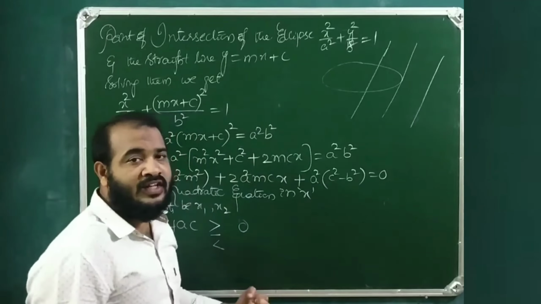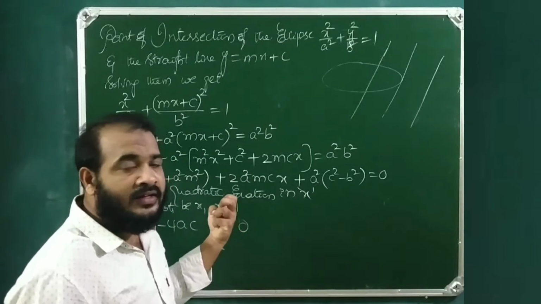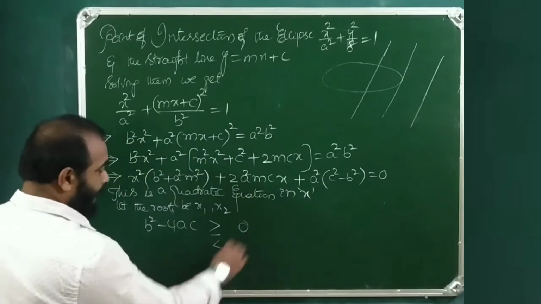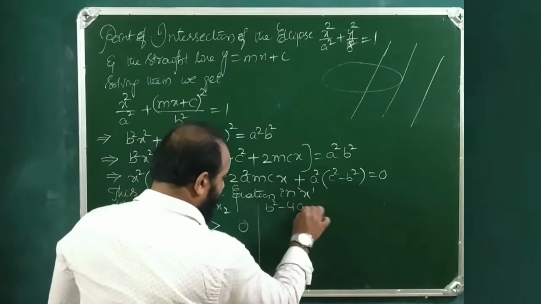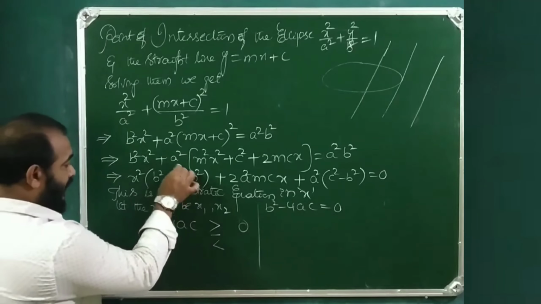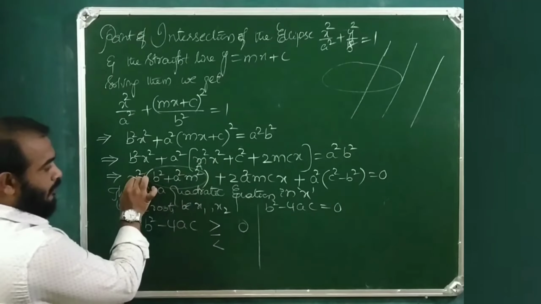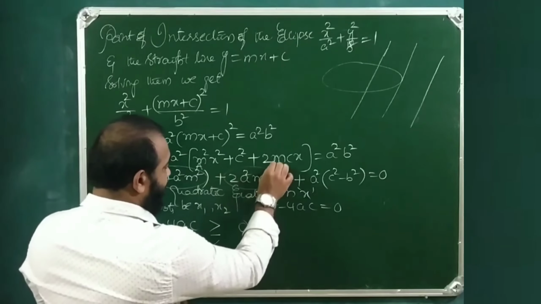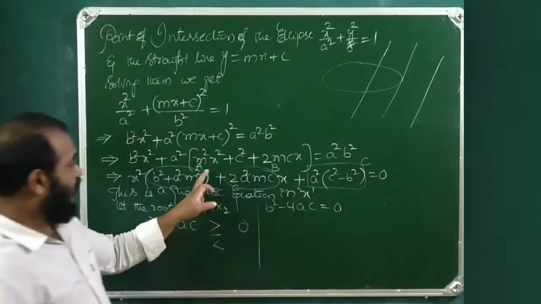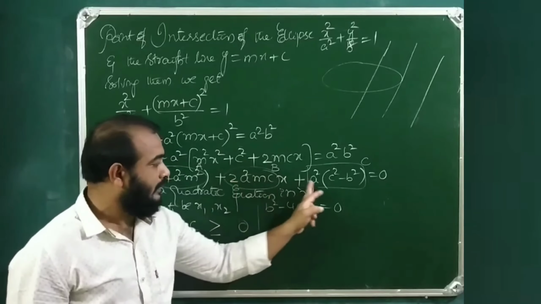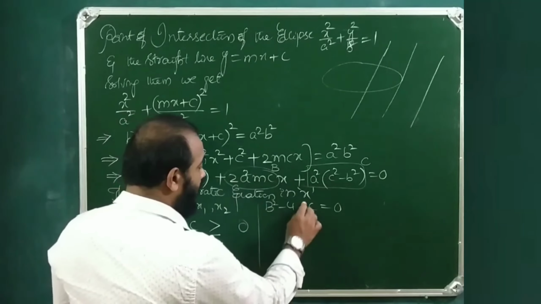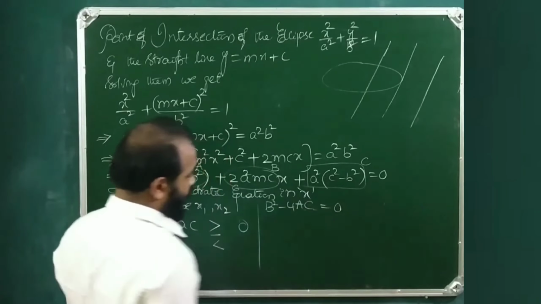So now we will derive the condition for the line to be a tangent to this ellipse. So the condition is b square minus 4ac equals 0. For a quadratic ax square plus bx plus c equals 0, the discriminant is b square minus 4ac equals 0.